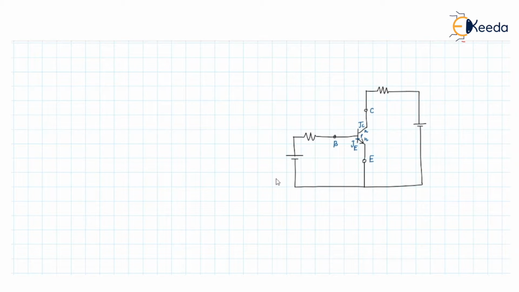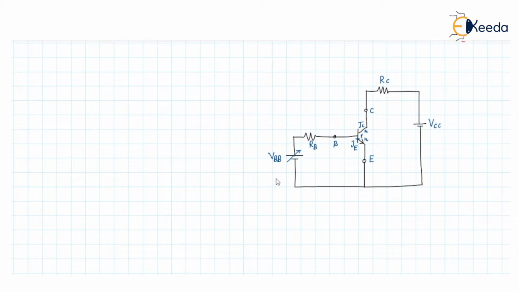To make the JE junction forward biased, we have given a voltage like this, VBB, that is the base voltage, and we have connected a resistance at the base, that is the base resistance. We can change this VBB. Similarly, at the collector terminal, we have connected a resistor RC. We have given a voltage.